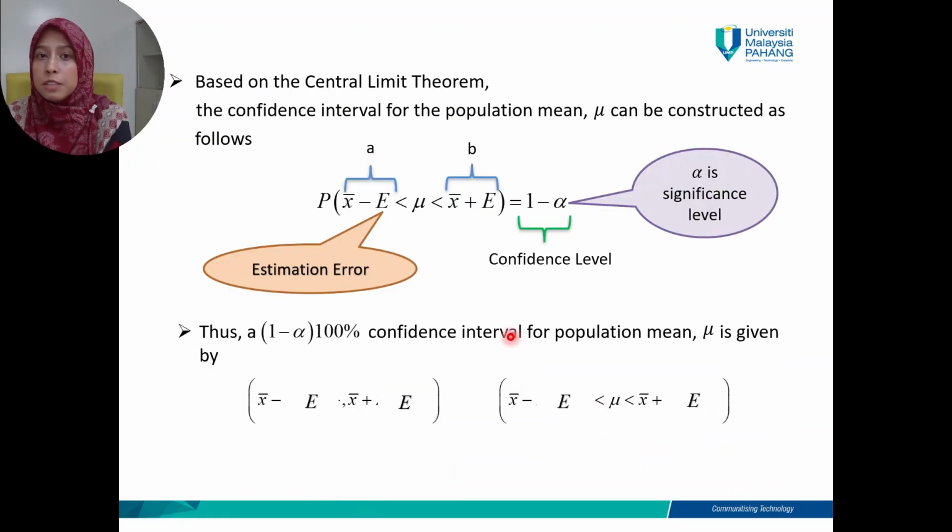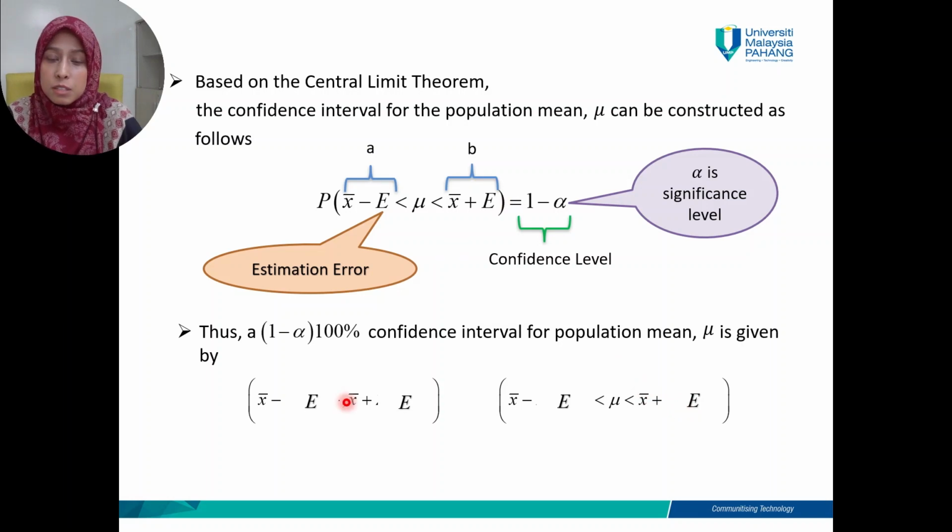The confidence interval for population mean can also be written as an interval with the lower boundary and the upper boundary, or as the lower boundary is smaller than the parameter, smaller than the upper boundary.